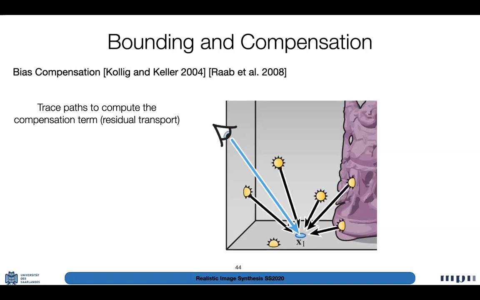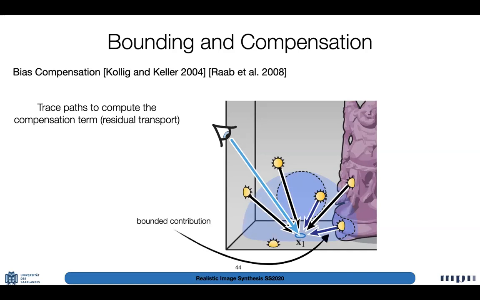So the idea is that, of course, you will connect it to all the VPLs which are visible, or let's say a set of VPLs, maybe a smart way to connect to the VPLs. And now if you see the blue arrows there, these are the ones which have bounded contributions. What you want to do is somehow get back the illumination which was lost when these blue arrows were bounded.